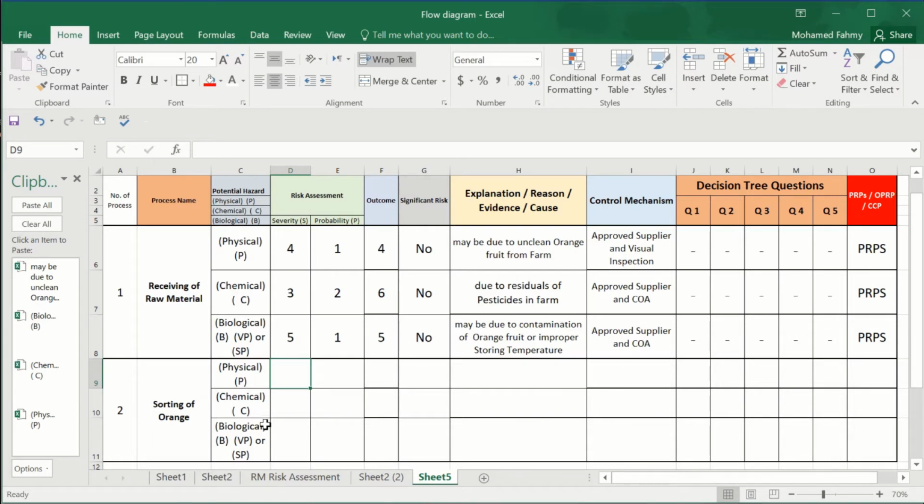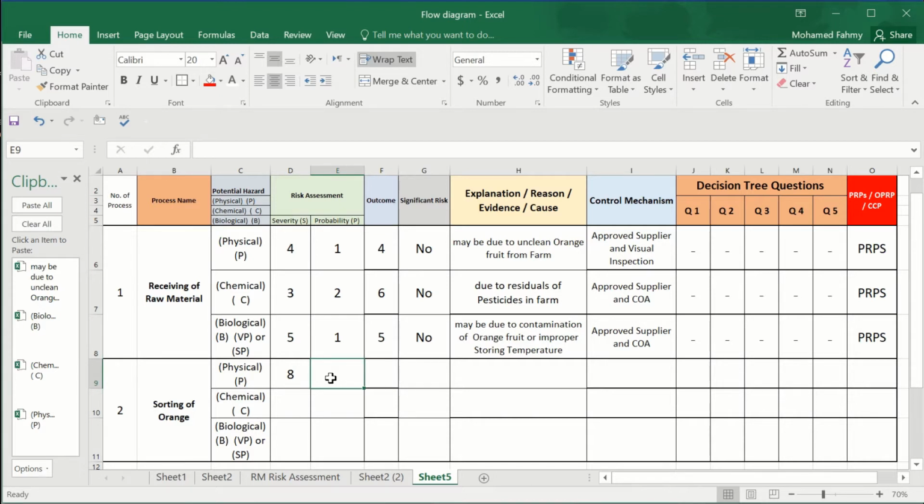So the sorting of orange is an additional control step. For example, here the severity will be 8, because if we didn't take care of the rotten orange or bad orange fruits, they will pass and be squeezed to make rotten juice also.